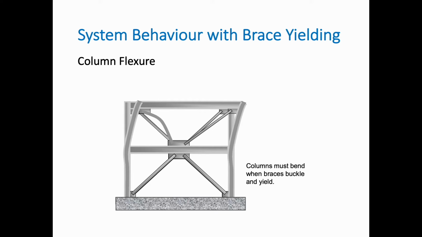So in this case here we get a column flexural because of the first story bracing that buckles. So you see this one is buckling, and because of that we get that column which bends. So this is something that again we need to consider when we proportion and design all our components, the beams, the columns, the gusset plates, or any kind of connections in comparison to the design of the bracing.